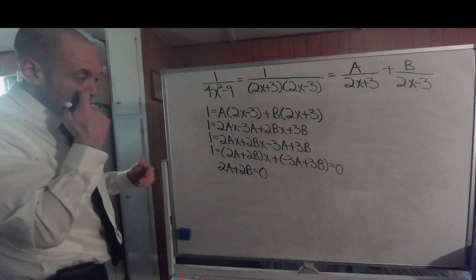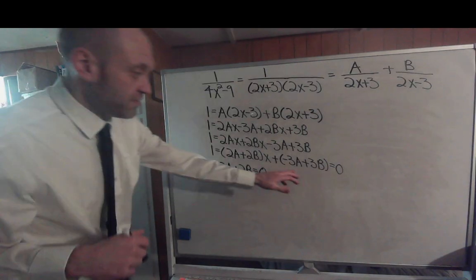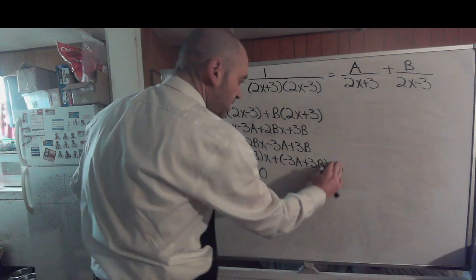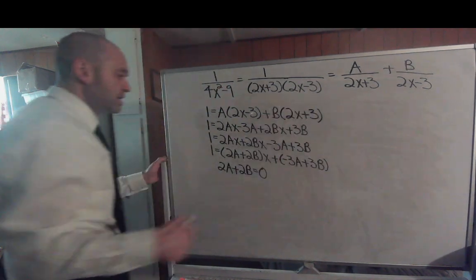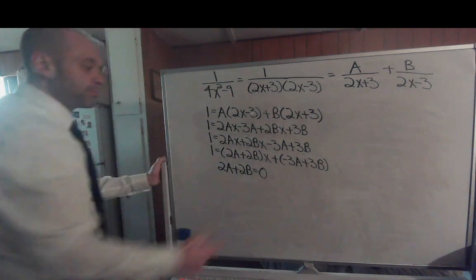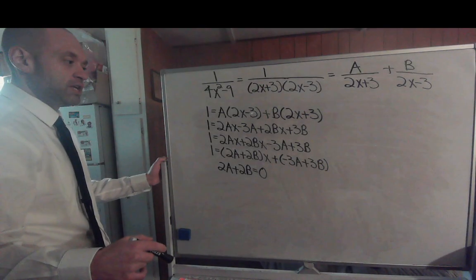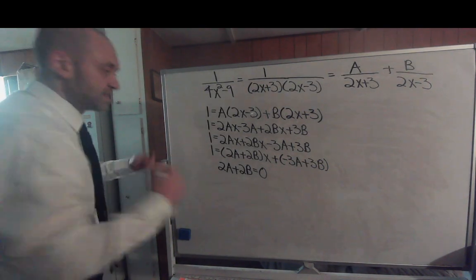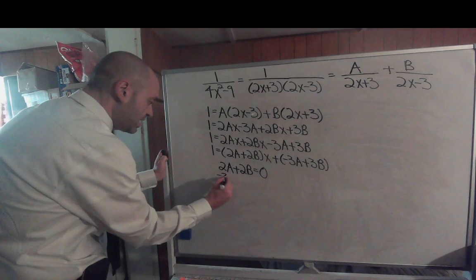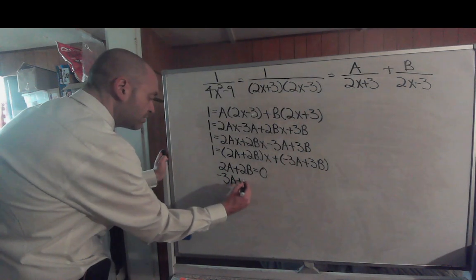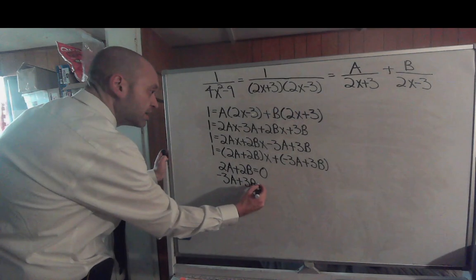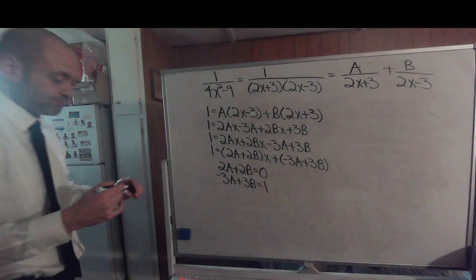And then we have negative 3a plus 3b. Forgive me, that should equal your constant term on the left-hand side. So negative 3a plus 3b is equal to 1.